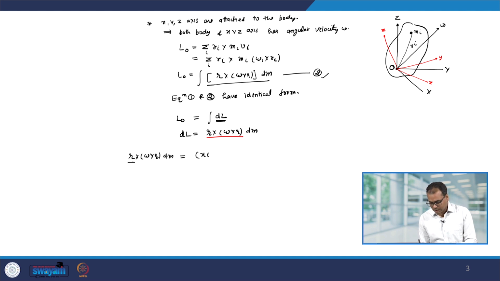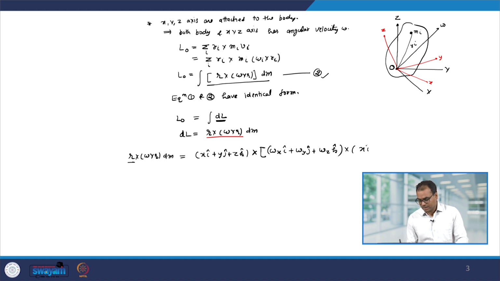So, this is xi plus yj plus zk cross omega, and omega also has xyz components: omega x i plus omega y j plus omega z k, and cross product with again r, which is xi plus yj plus zk, and then we have dm.